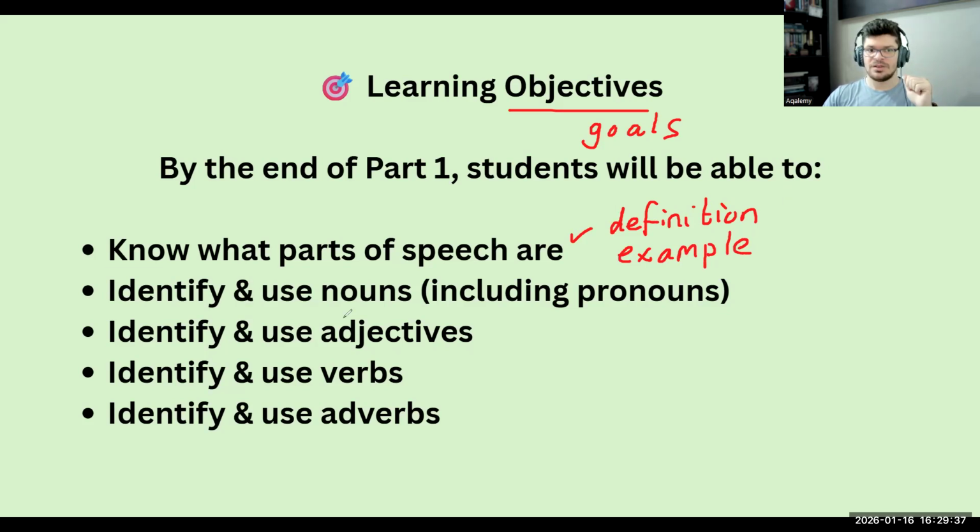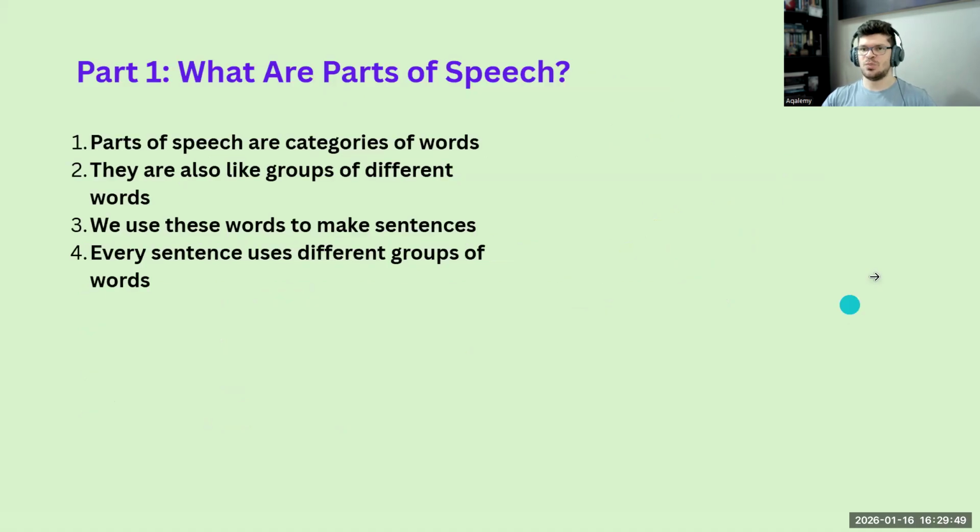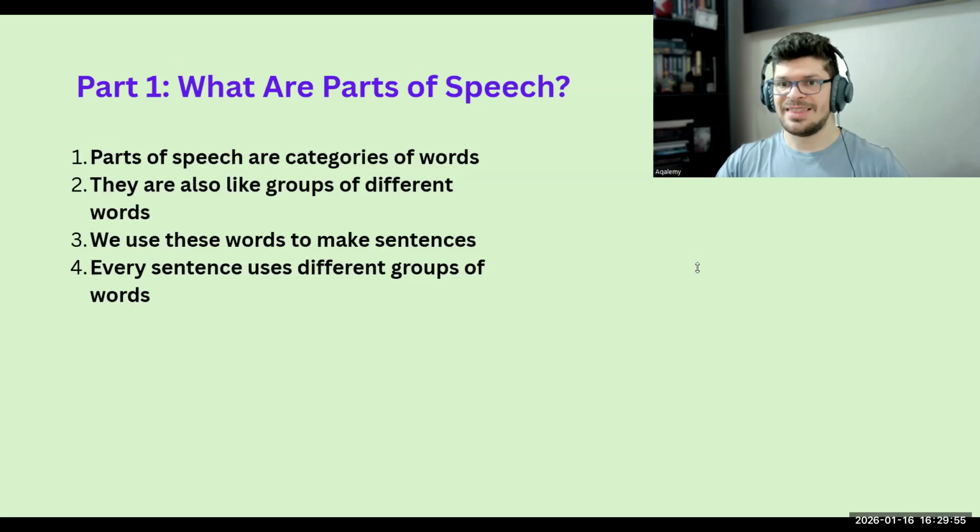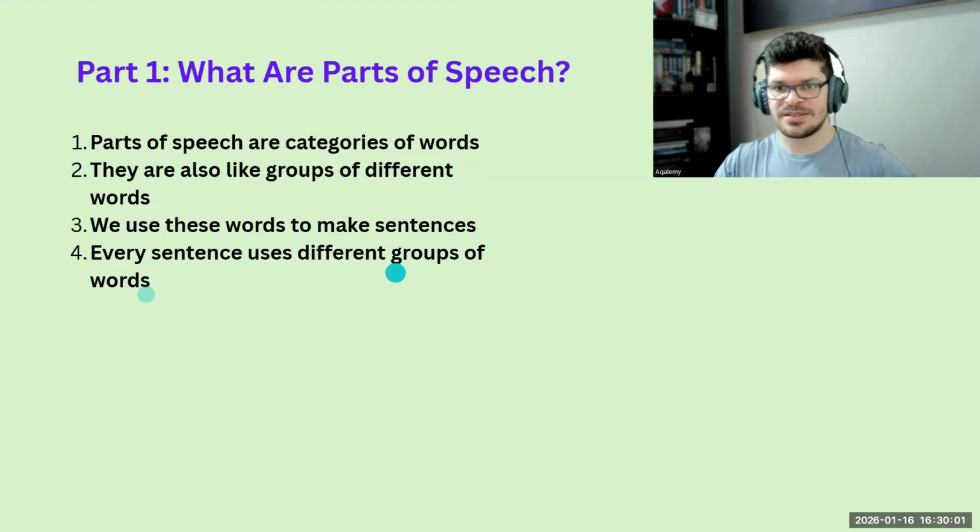Identify, look, and know how to use nouns, adjectives, verbs, and adverbs. Okay. Let's start with the first part. Let's make this one big. Yes. Then you can see my mouth when I talk. Aha, nice. We have some space.